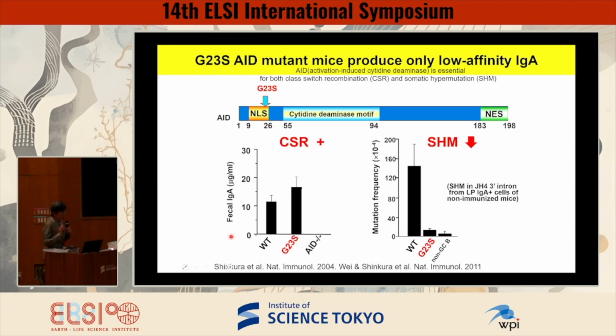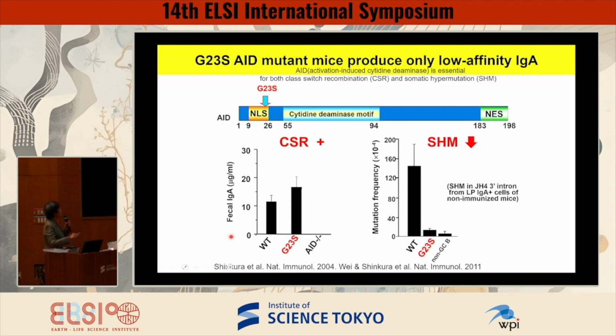My old question was which is important to make a good symbiosis in the gut lumen: high affinity IgA or low affinity IgA. But there's no model to answer that question, because if we knock out the AID protein, we lose IgA because class switch recombination will also be deficient.